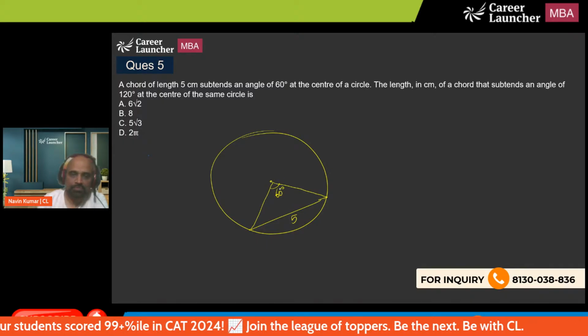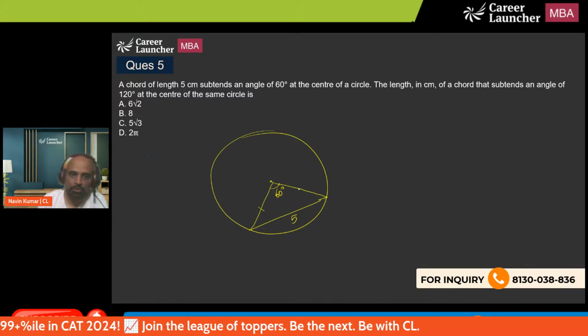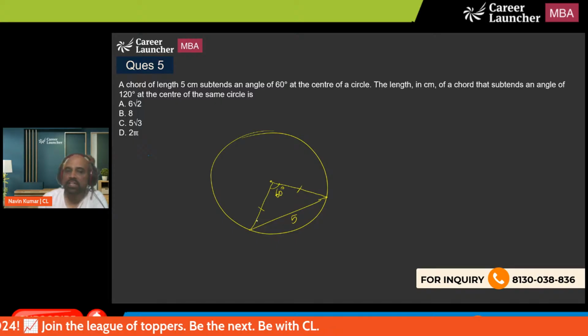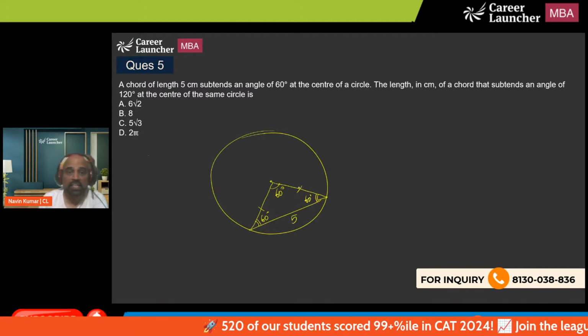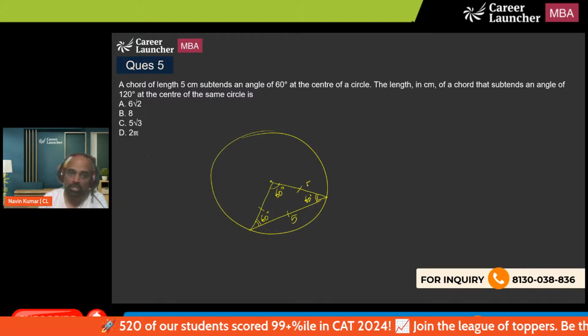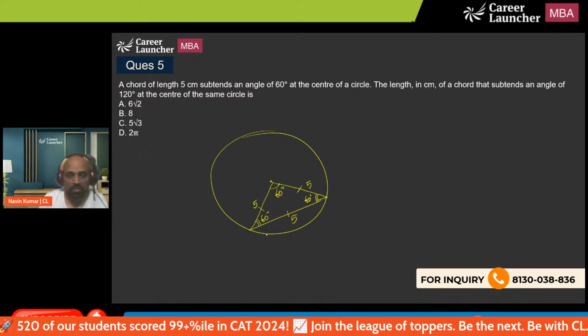So this is 60 degrees. They both are equal. So basically we are talking about an isosceles triangle where these two should also be equal. So it turns out to be 60. So basically it turns out to be an equilateral. So ये भी 5 और ये भी 5 होगा.